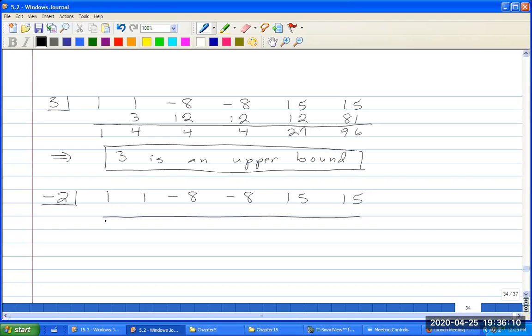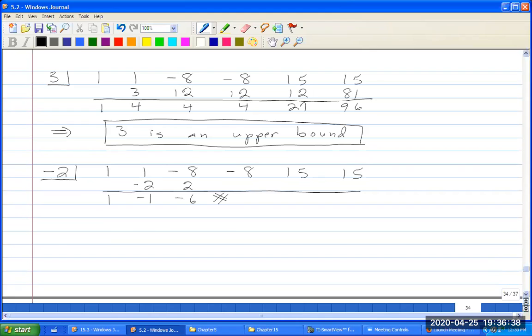So let's do 1 times -2 is -2, minus 1, plus 1 is minus 1. That gives me a plus 2. And then you get a minus 6. So it didn't work. I tried minus 2, but this doesn't work because it's not alternating. So let's try like minus 3.